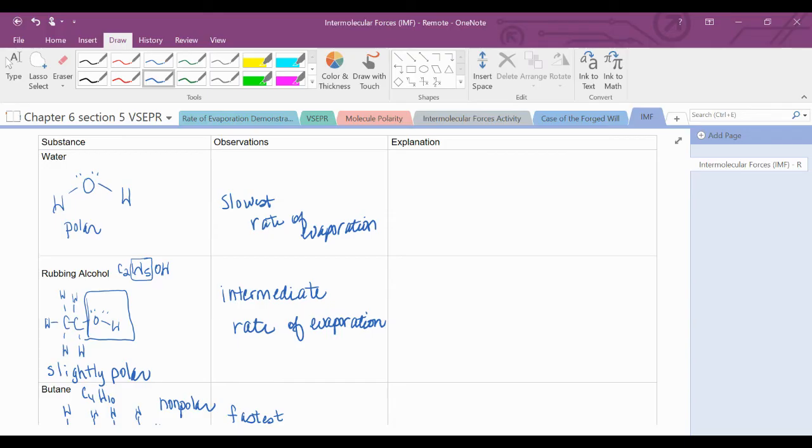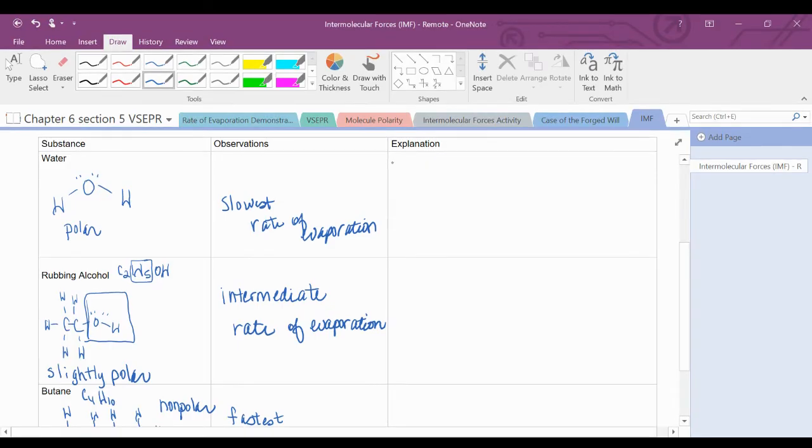All right, now their rate of evaporation is based upon their intermolecular force. So IMF is the abbreviation for intermolecular force. So it's the force that's acting between the molecules. And the reason why water has the slowest rate of evaporation is because it has the strongest intermolecular force.